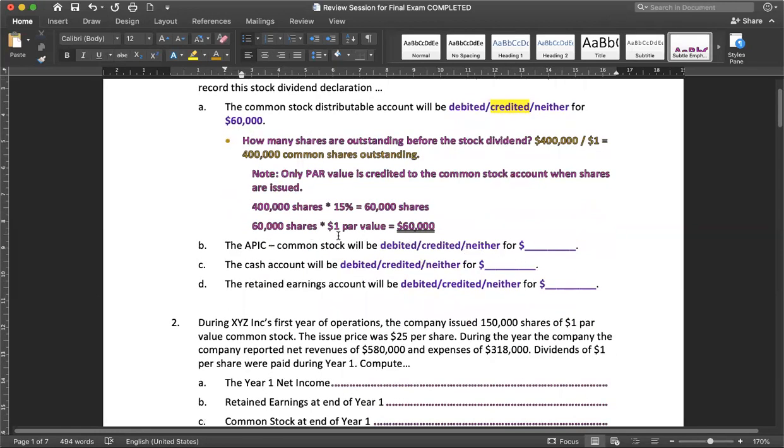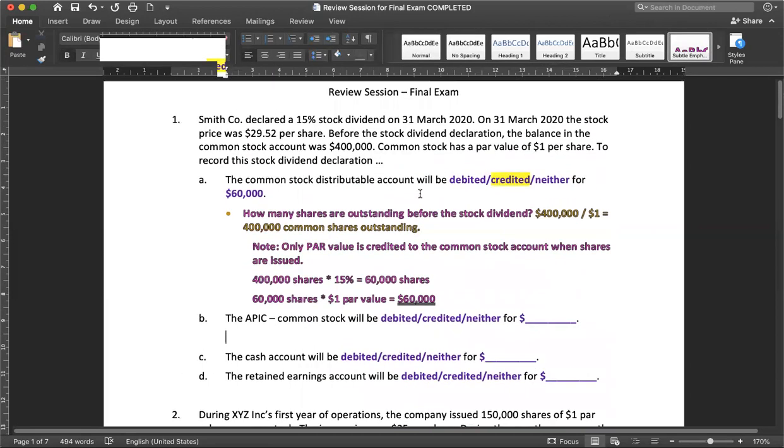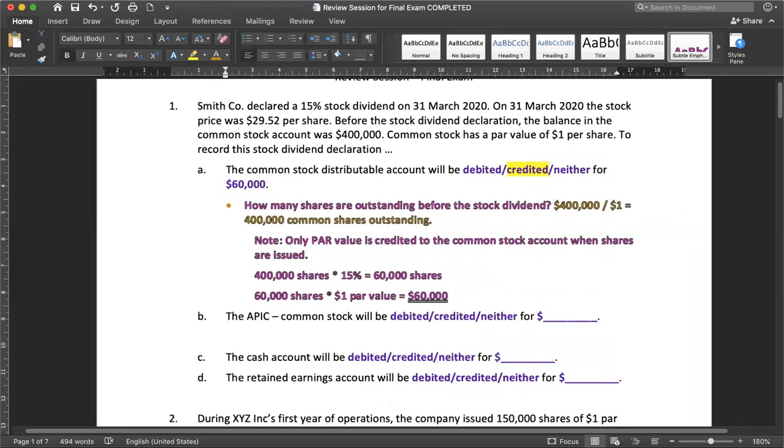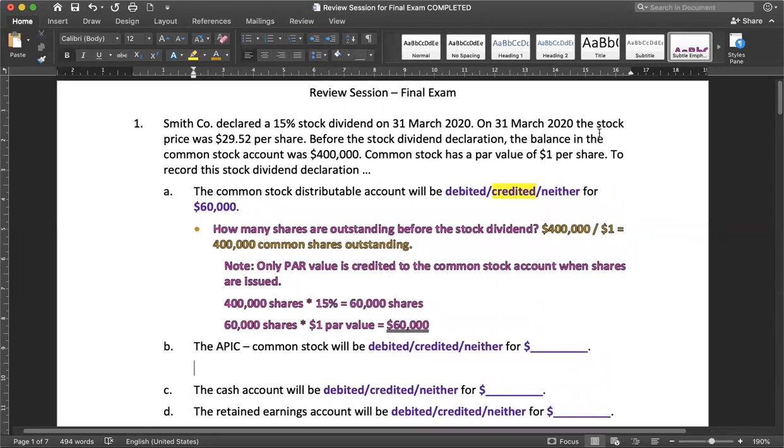The next part of the problem asks us, the additional paid-in capital common stock will be debited, credited, or neither for how much? So let's take a look here. The information tells us that on the 31st of March, the stock price was $29.52 per share.